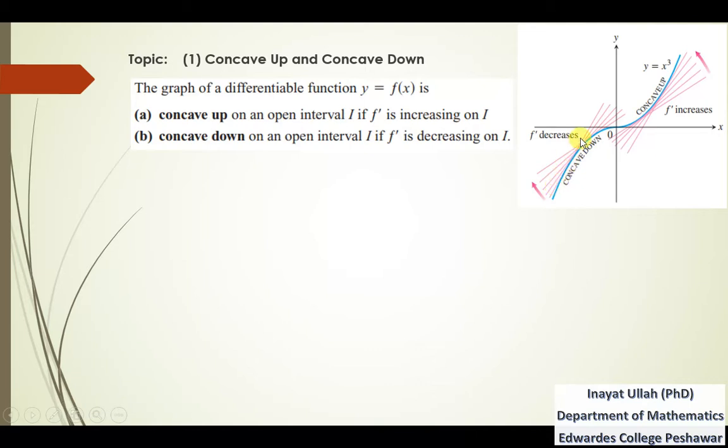The slope of this tangent line is maximum because this angle is maximum. As we go forward, the second tangent has an angle less than this angle, so its slope is less than the slope of the previous tangent line.